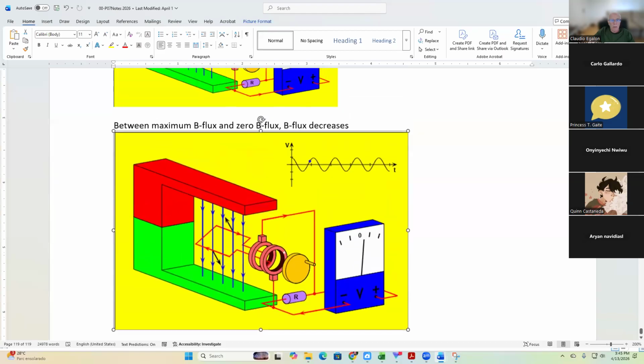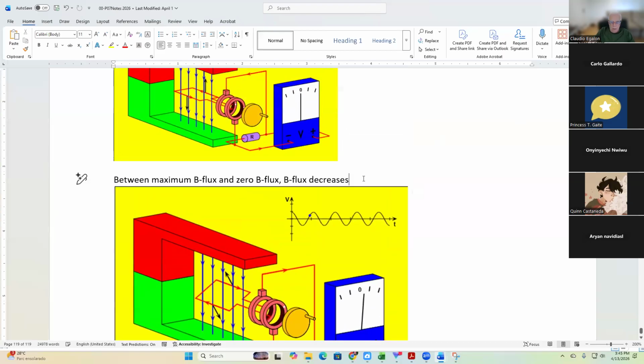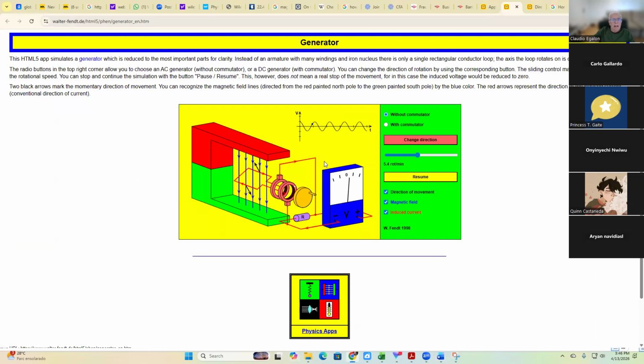Current flows, let's say, in the positive direction. Now, let's see here. Resume right here. B flux equal to 0.